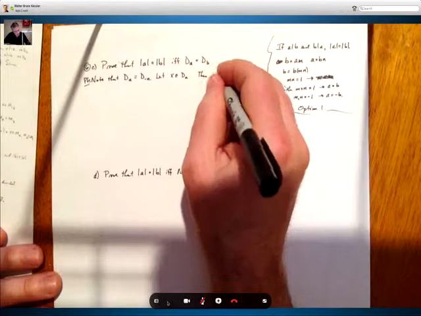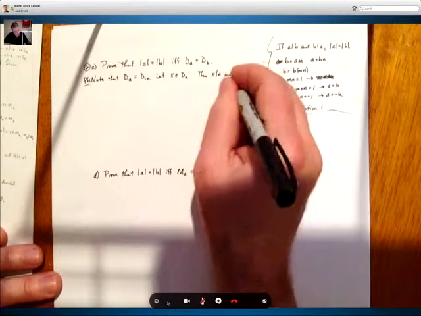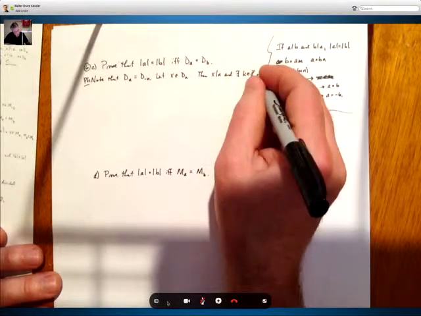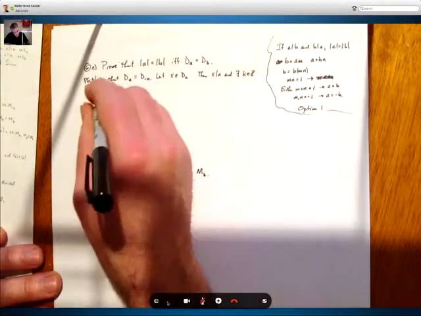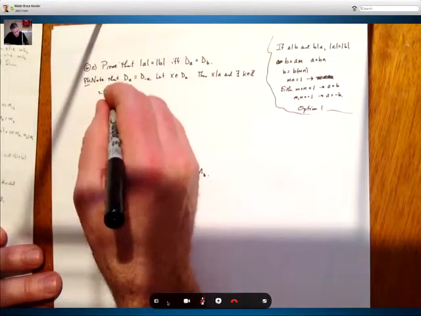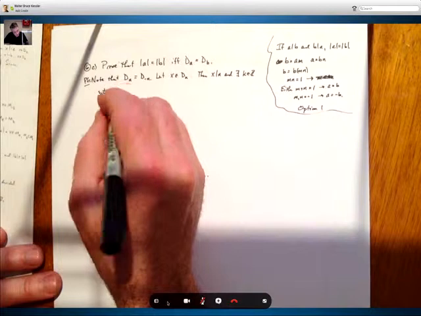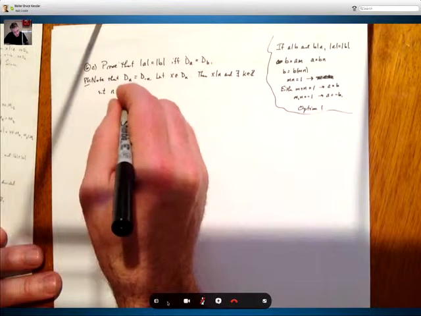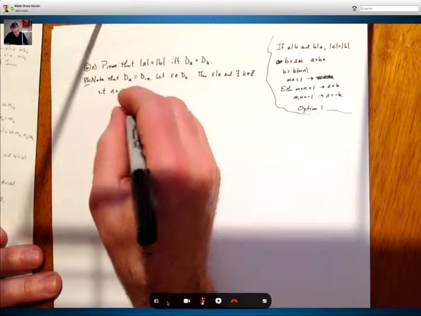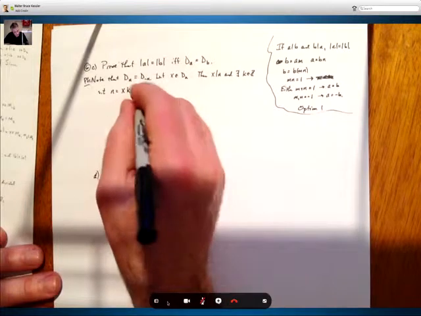Okay. Then X divides N. There exists an integer K such that N is X times the K.